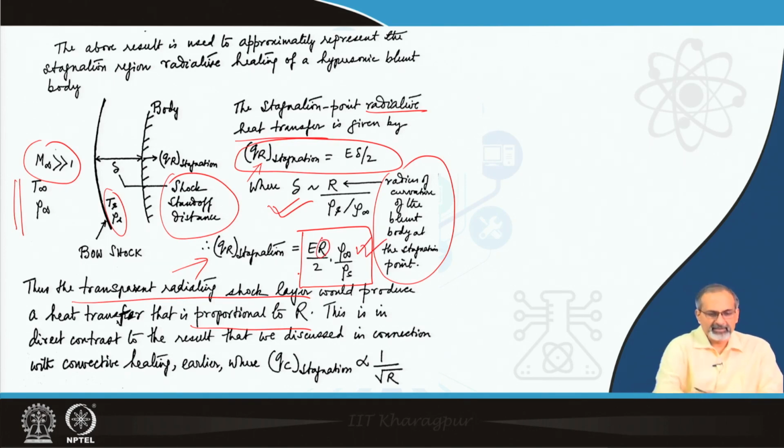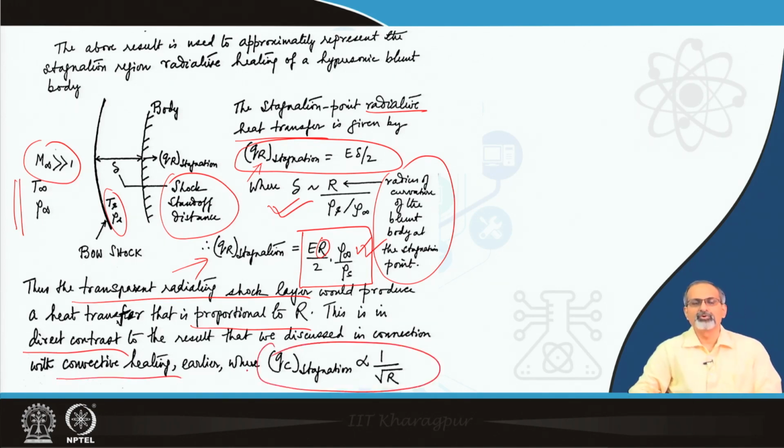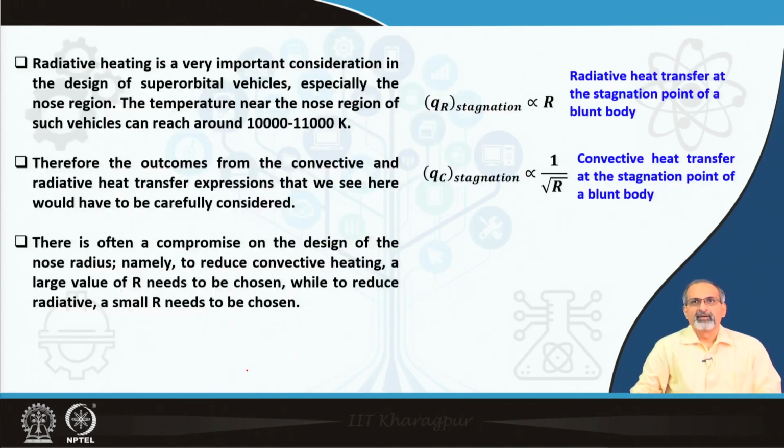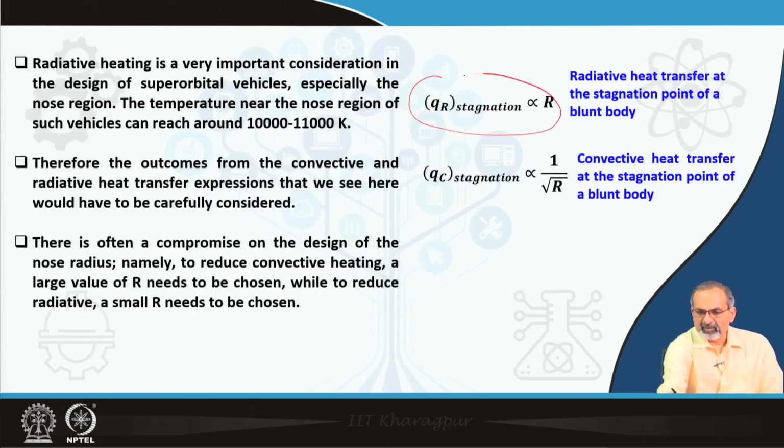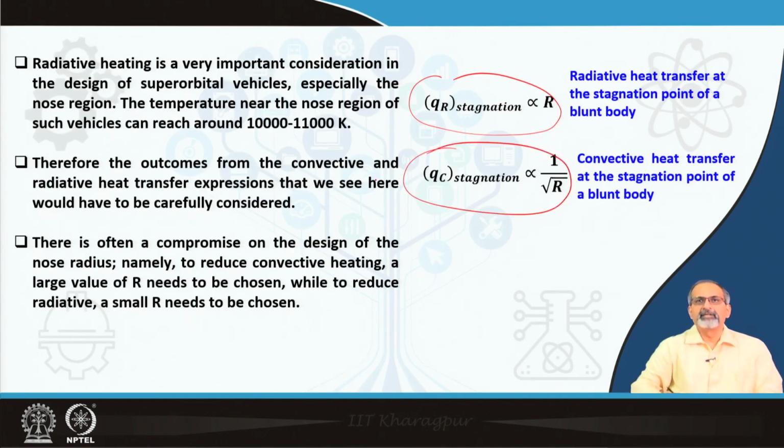This, however, is in direct contrast to the result that we discussed in connection with convective heating earlier, where we learned that the Q due to convective heating at the stagnation point of such a blunt body will be proportional to 1 by root over R. Therefore, radiative heating and convective heating give two different variations with R at the stagnation point of a blunt body.